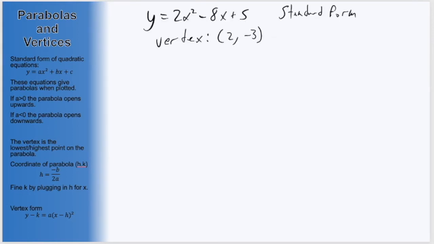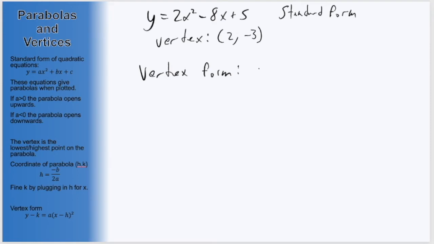While we are discussing the vertex, let's also introduce another form of the quadratic function called vertex form. This vertex form will let us quickly read off the coordinates of the vertex, or if we already have the vertex, we can quickly write this form of the equation.